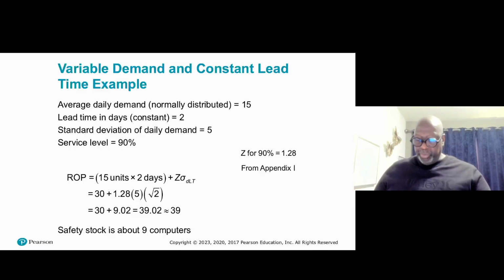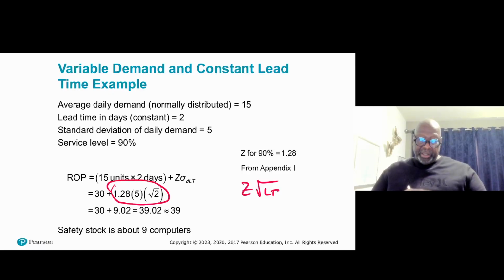And this is an example with that situation. You certainly can just review it. Main thing is that you're trying to calculate the safety stock. So for that scenario, remember I showed you that the safety stock would be Z times the square root of LT when the lead time is constant times the standard deviation of the demand. So that's exactly what you're seeing here.